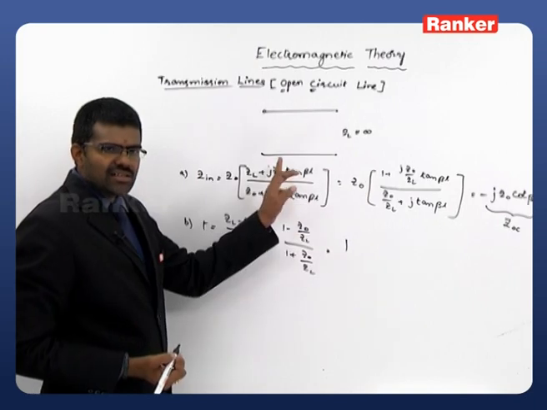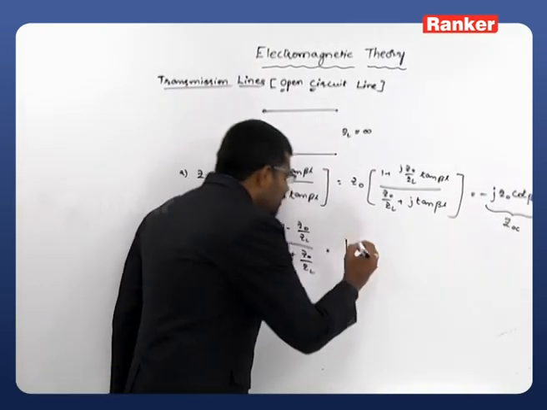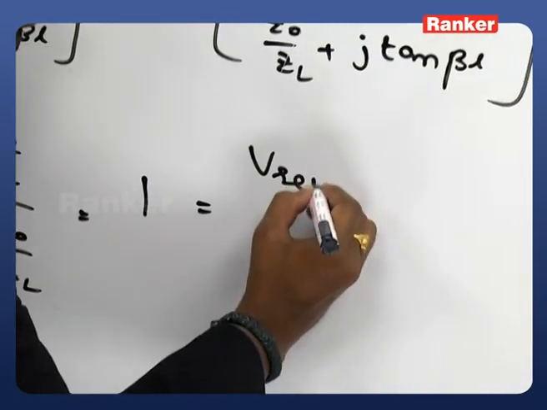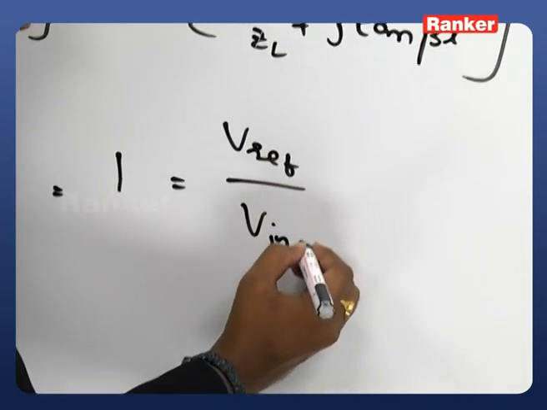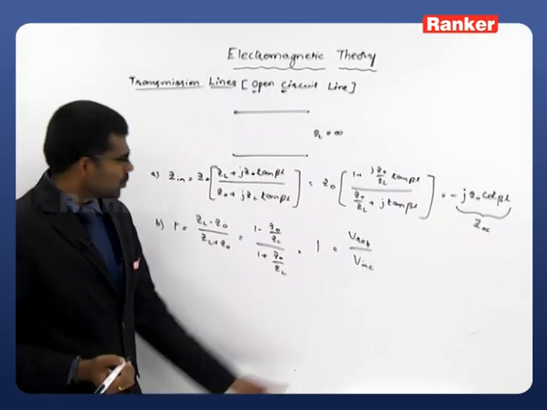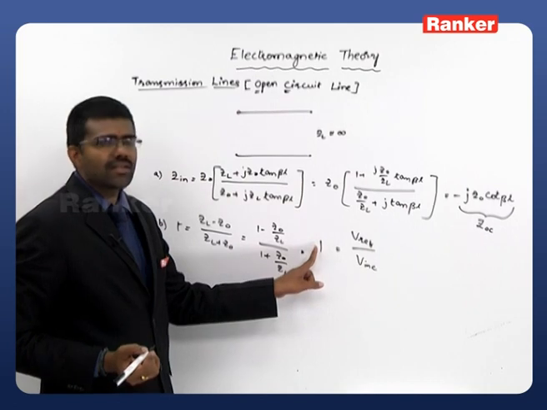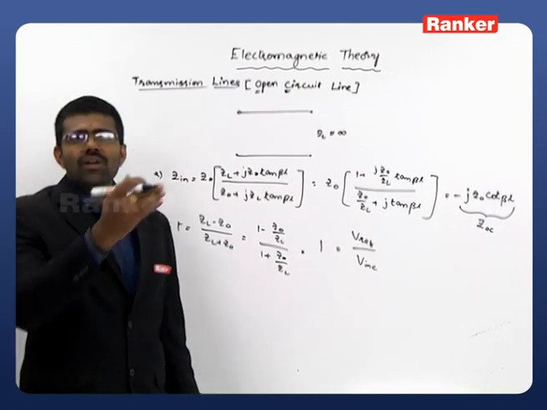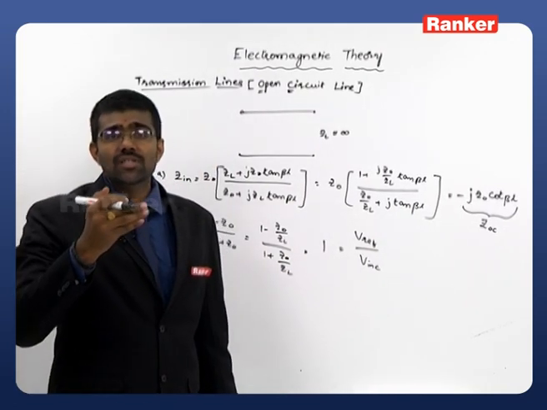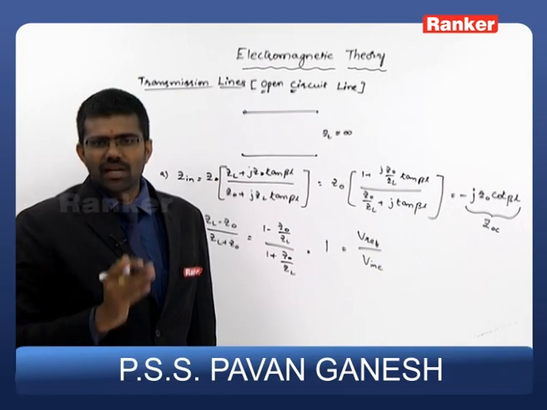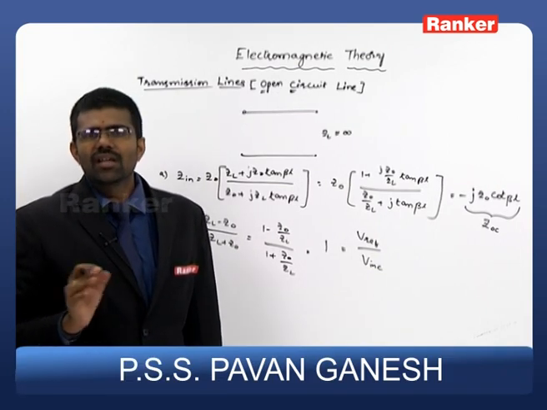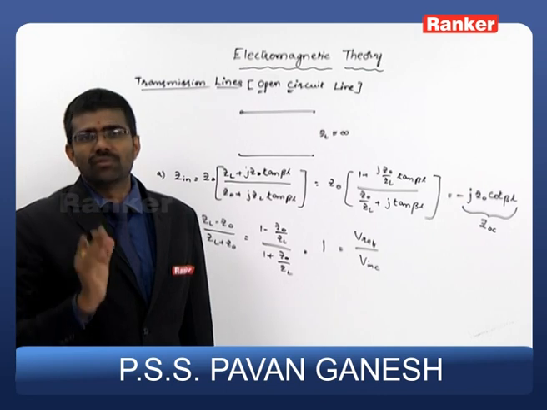Go to the previous analysis and recollect what we did: gamma equals V reflected divided by V incident. So V reflected is equal to V incident, that is, the voltage reflected from the transmission line end is equal to the incident voltage. The complete voltage was reflected even without phase shift.